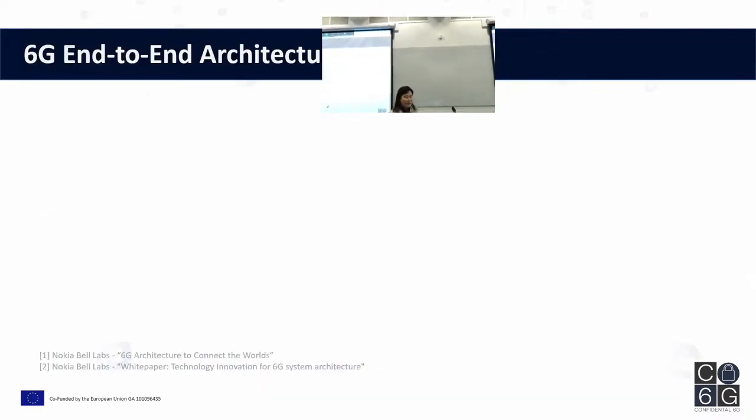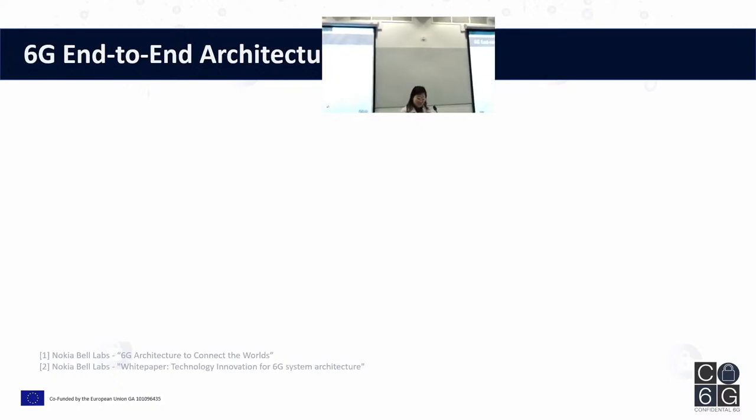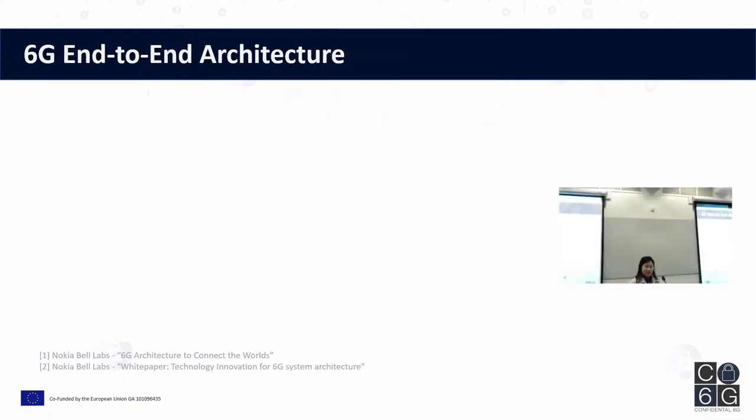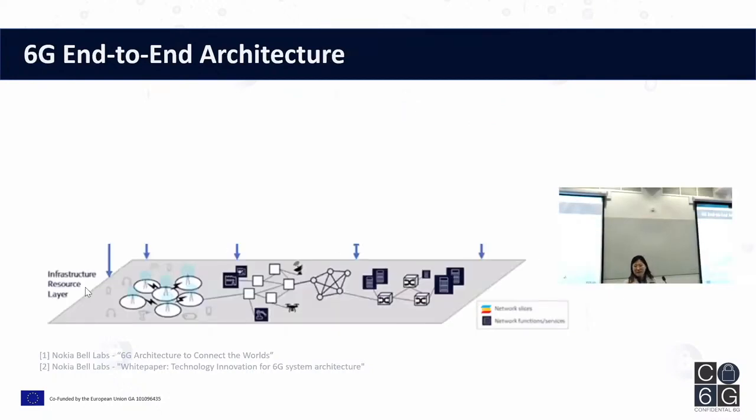Okay, so I'm starting from here. A little bit of introduction to the 6G architecture. So 6G has been discussed for a while, and hopefully it will be coming to the commercial in 2030, hopefully. And for the architecture, here is what has been fantasized.